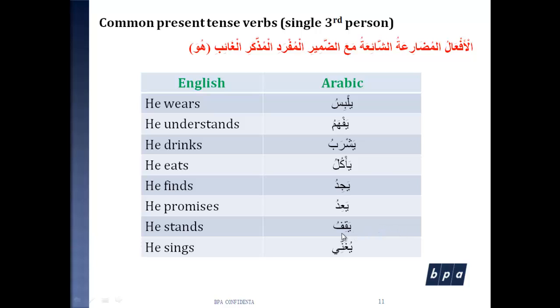Waqafa, yaqifu, he stands. The same pattern as wasala, wajada, and wa'ada. Here's the vowel at the end. Ghanna, yughanni. Basically the alif at the end of ghanna becomes a ya in the present tense. Ghanna, yughanni, he sings.